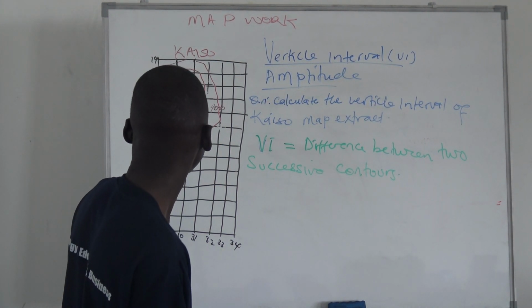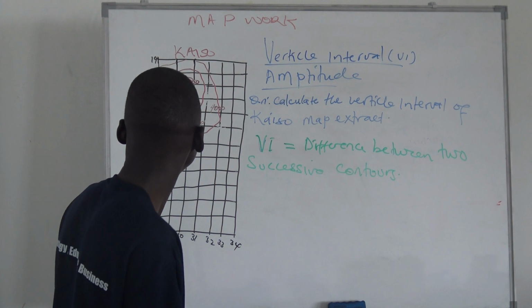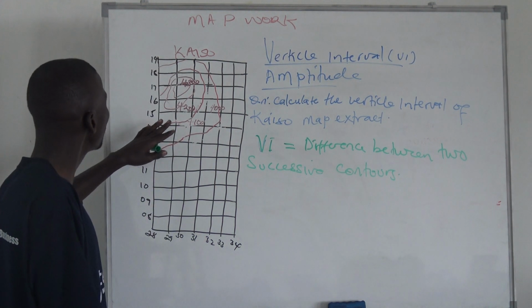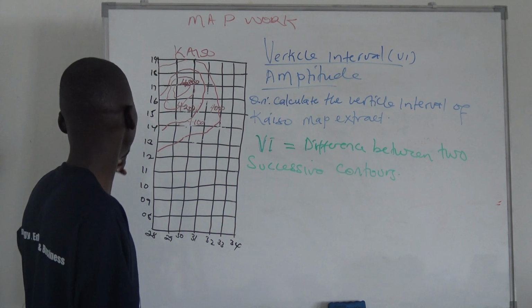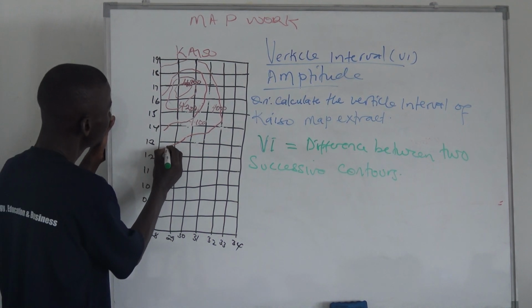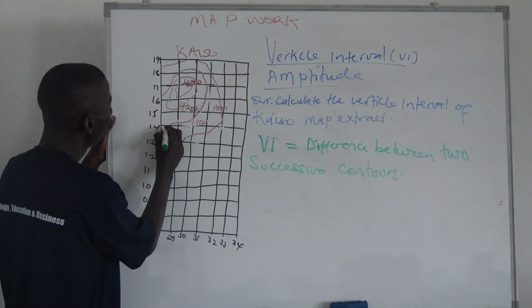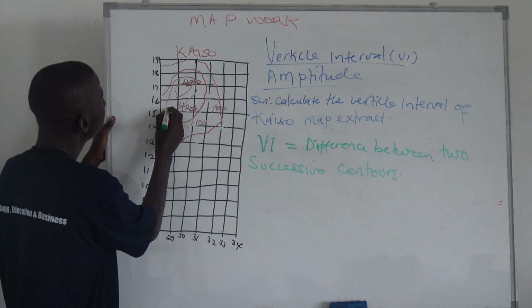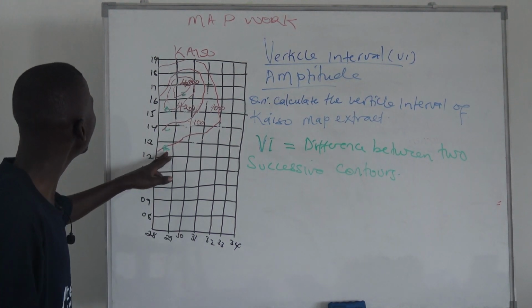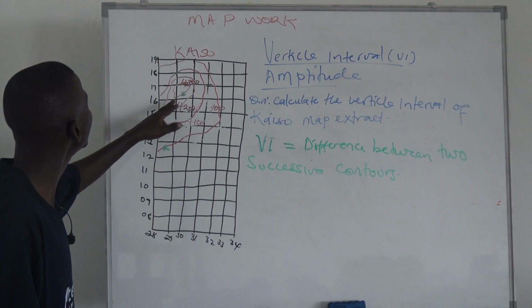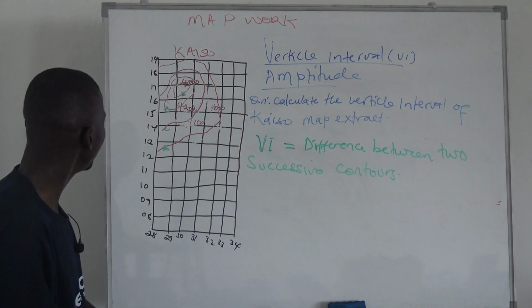What do I mean? I look at contours that are following one another. Say, for example, this line is B, then C, D, and E: contour B, contour C, contour D, and contour E.